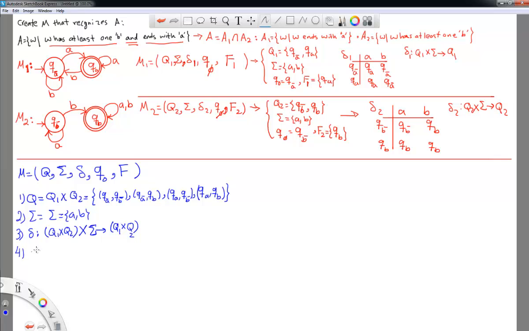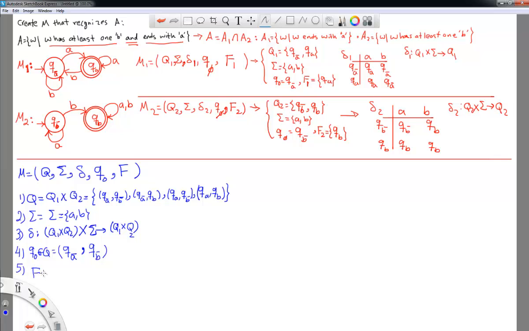The original initial state for this is going to belong to Q, which is going to be a pair of states. So it's going to be the start states of both Q sub A bar and Q sub B bar. So this pair of the start states of both machines is going to be the start state of my final machine, my combined machine.